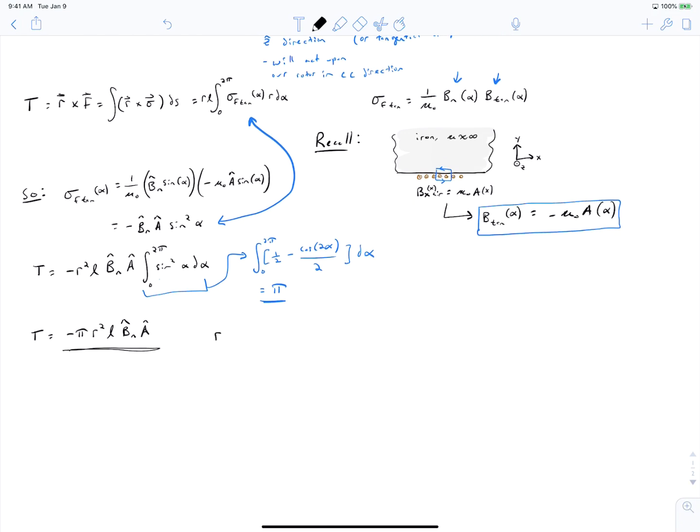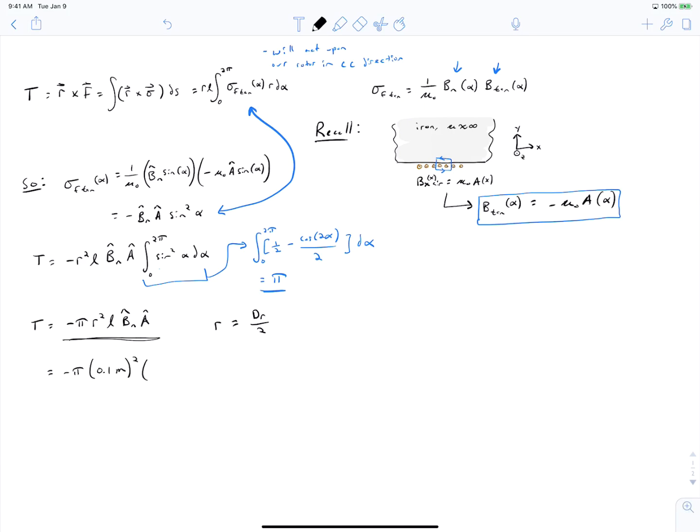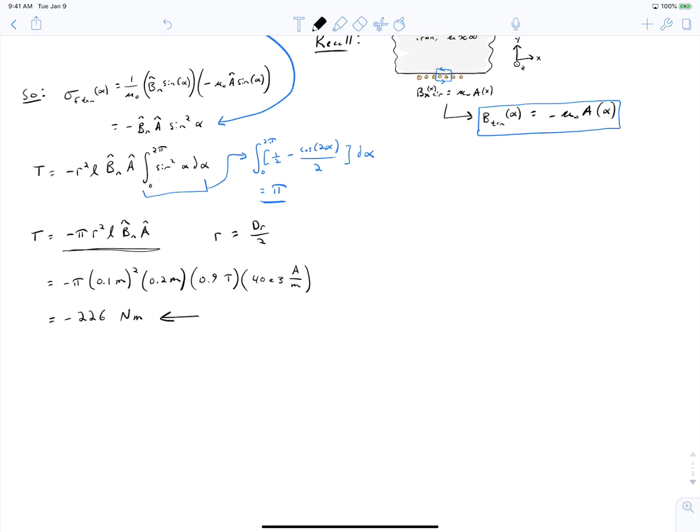We'll notice that r was the radius of our cylinder, which is in fact our rotor, and we can relate that back to the rotor diameter that we were given up here. And we finally get our torque expression. We can note that torque is negative. That means that our torque is acting in the clockwise direction. That is, it's going to tend to make our rotor accelerate or rotate in the clockwise direction.